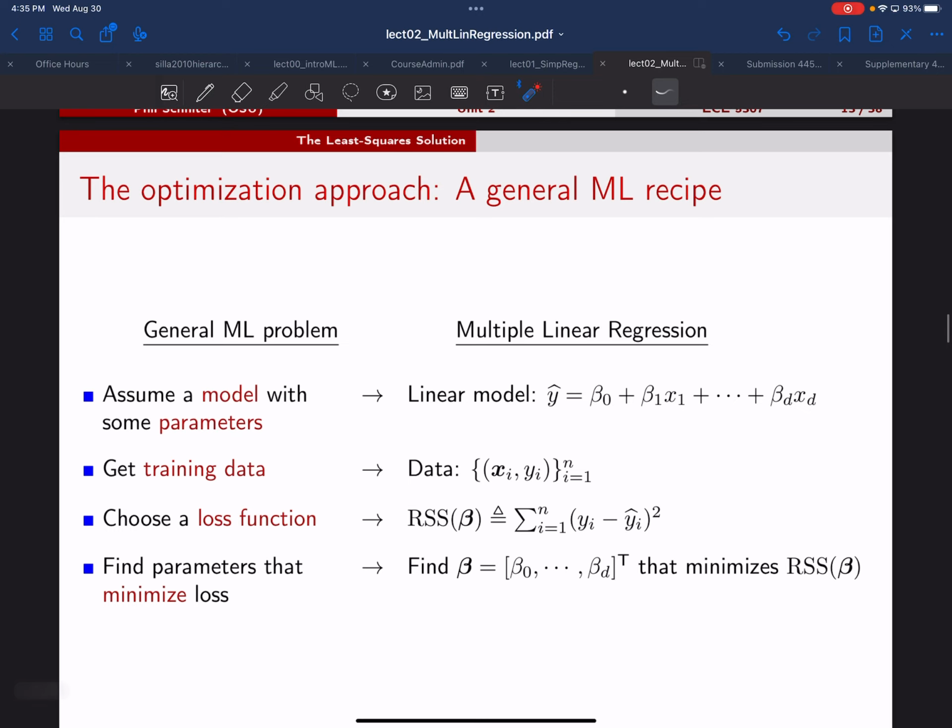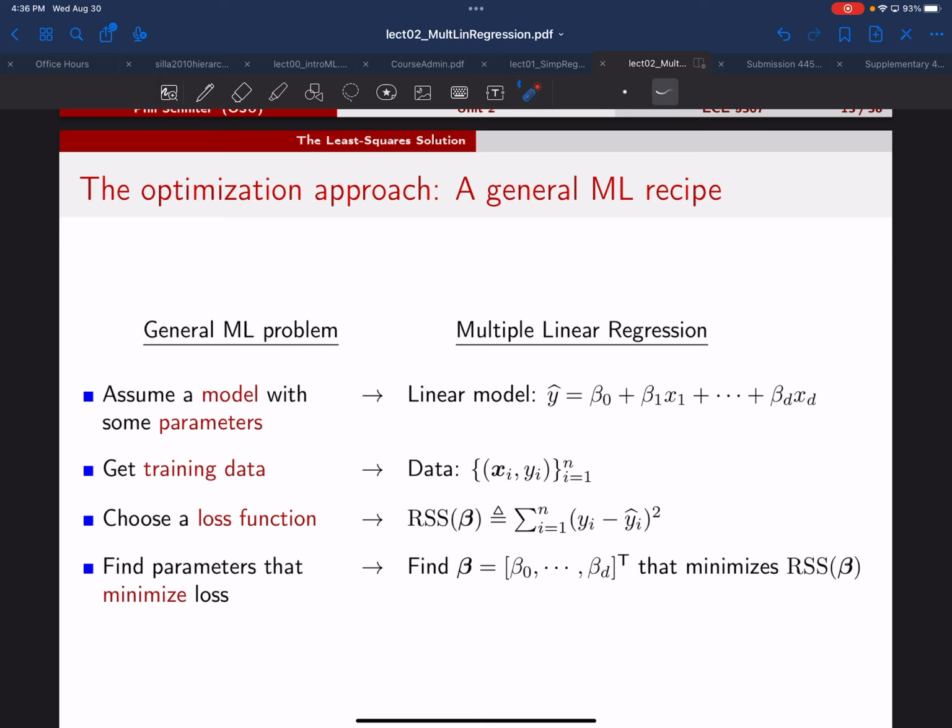If we step back, we might notice that we're following this general recipe that we saw in the last unit, where we propose a model with some parameters. In this case, we're using a linear model with multiple features. We're gathering data. The data in this case contains feature vectors instead of scalars, as well as targets, which right now are going to be scalars.